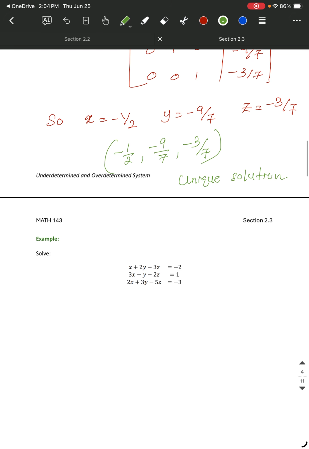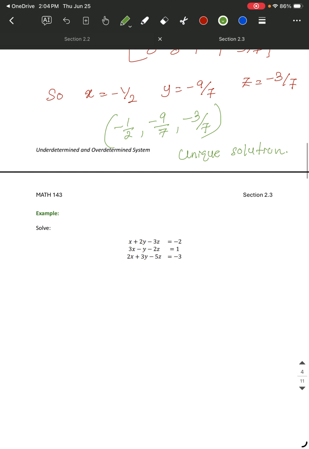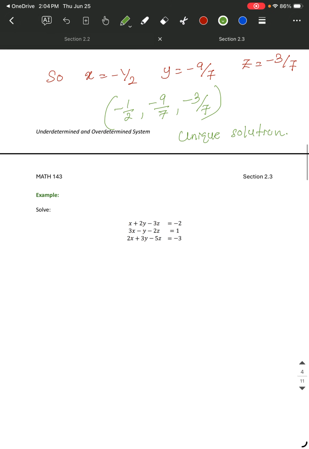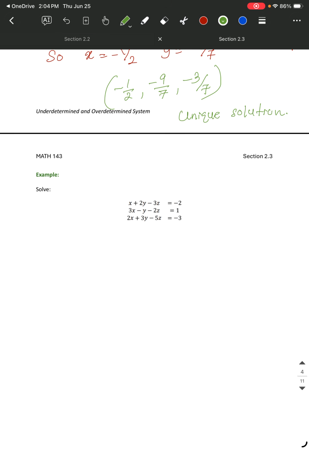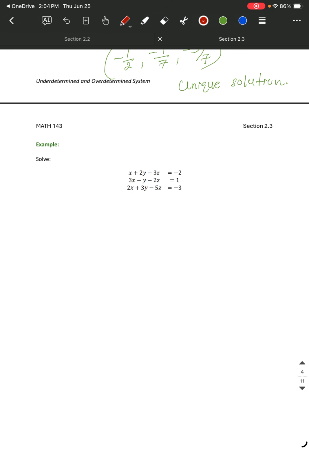In the same way, for the second exercise, first write down the augmented matrix and find the RREF, the reduced row echelon form, by performing the row operations. Pause the video and take your time to work on the augmented matrix until you get the RREF form.